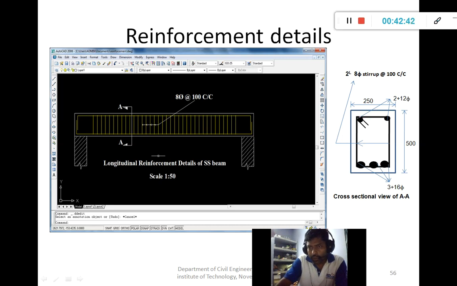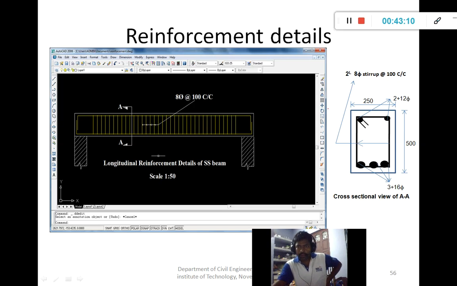So that's why the confinement has to be maintained, and proper confinements are required. That's why minimum 2 bars you have to provide in the compression zone, although it is not required, but for making the reinforcement cage and for the confinement of the bars.